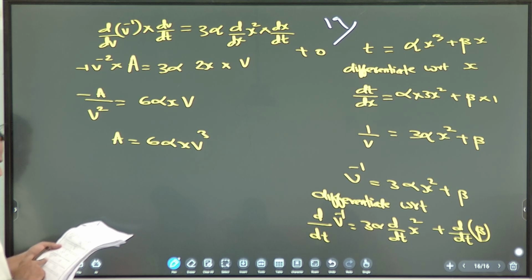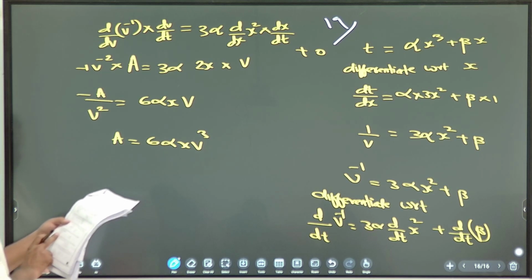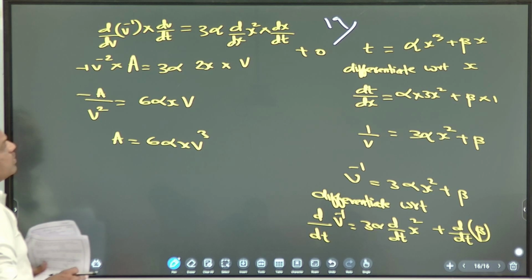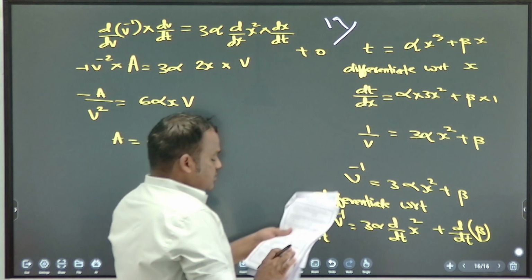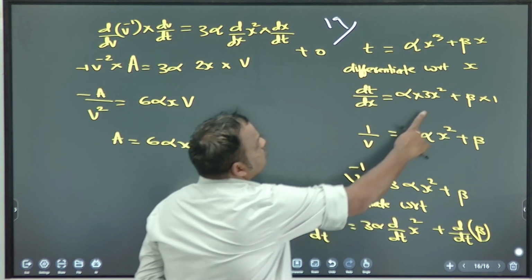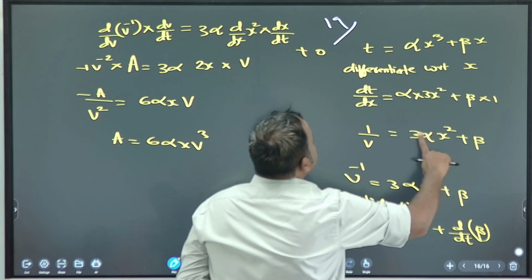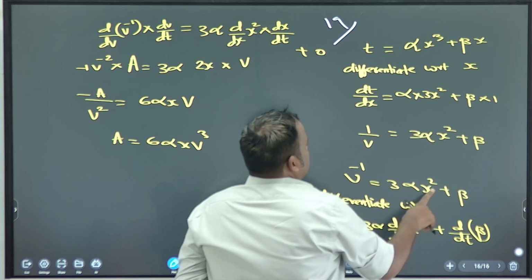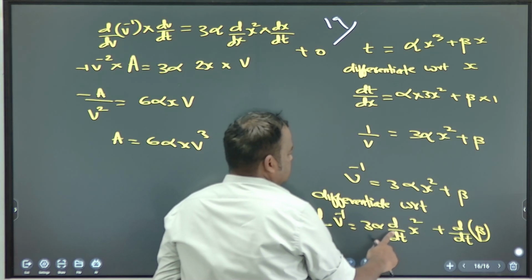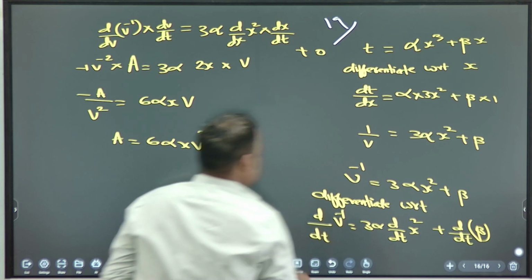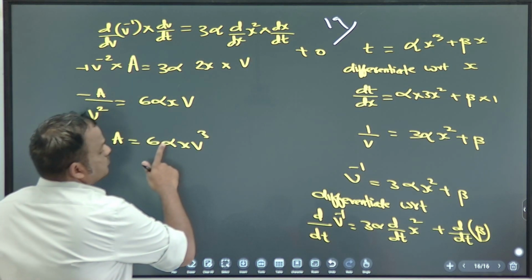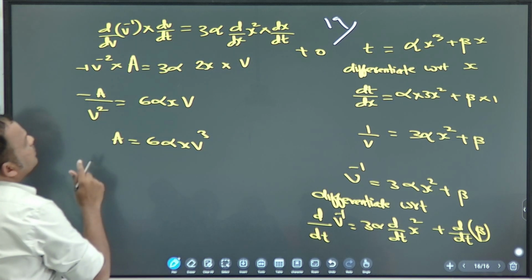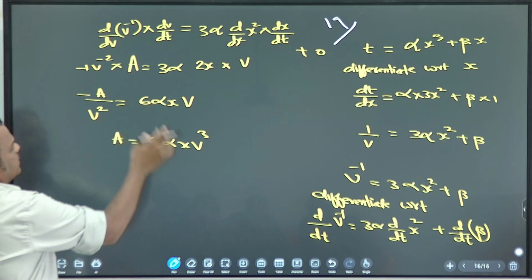What is the answer given? Third. X is also coming.